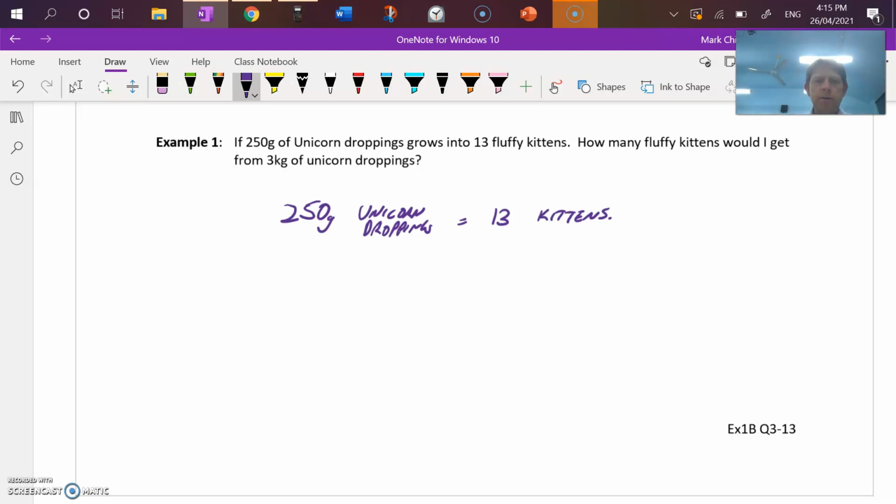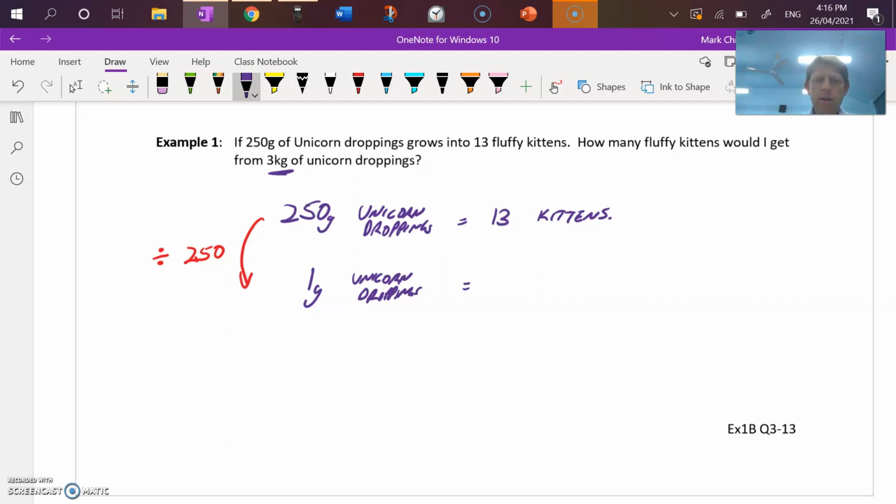The next thing is, we want to know what happens if I have 3 kilos of unicorn droppings. So let's see how many kittens we'd get out of 1 gram of unicorn droppings, and then we can multiply up. If I divide this by 250, I'm going to get 1 gram of unicorn droppings. That'll tell me how many kittens I get out of that.